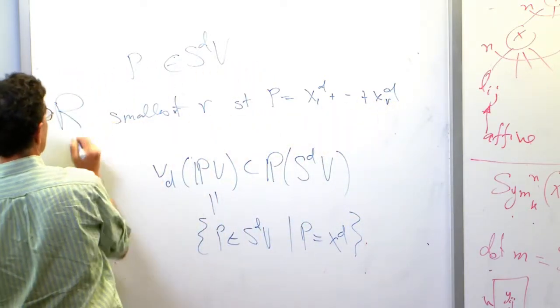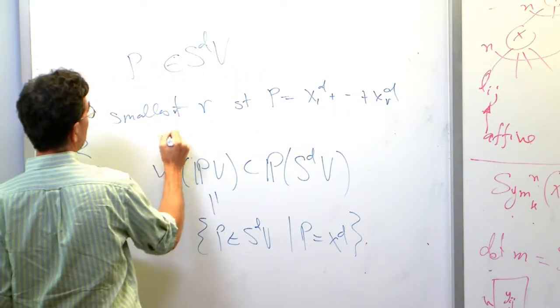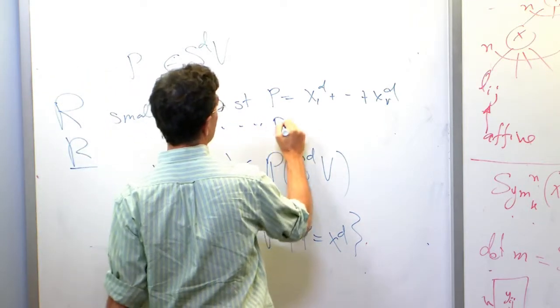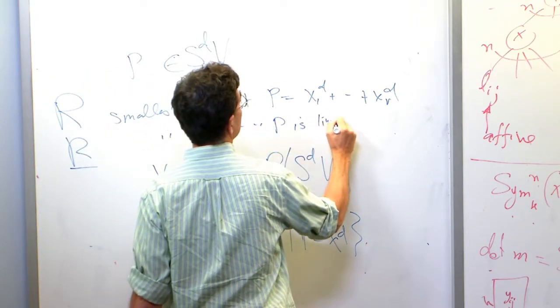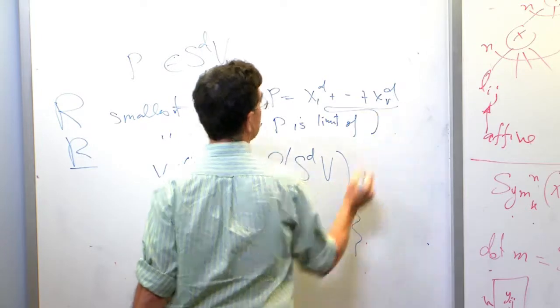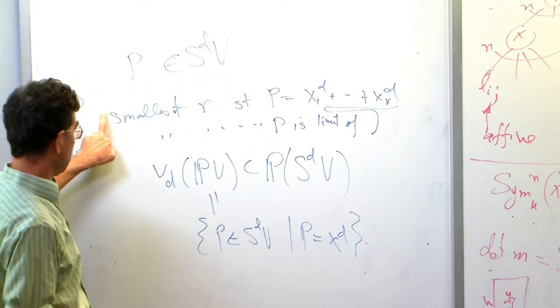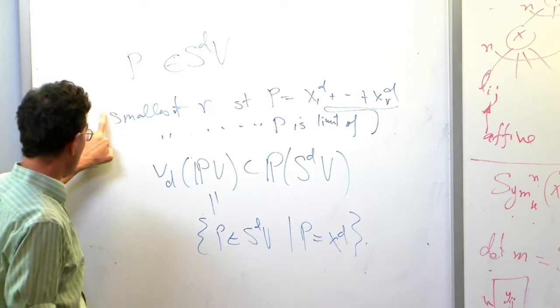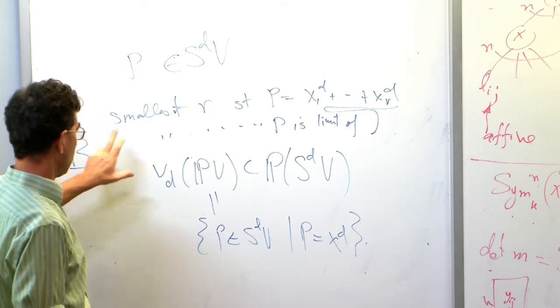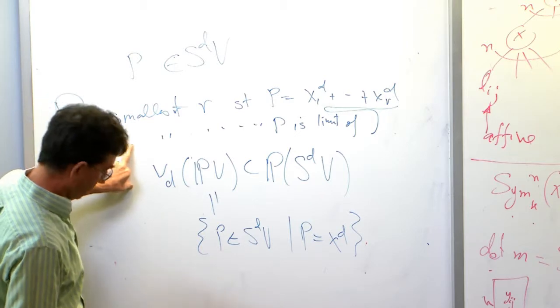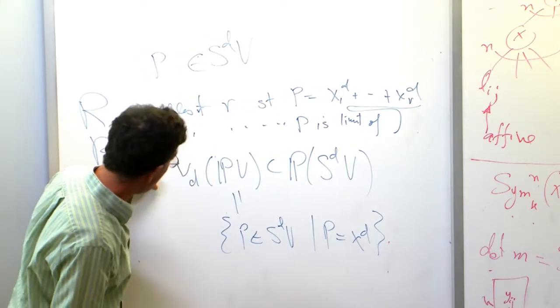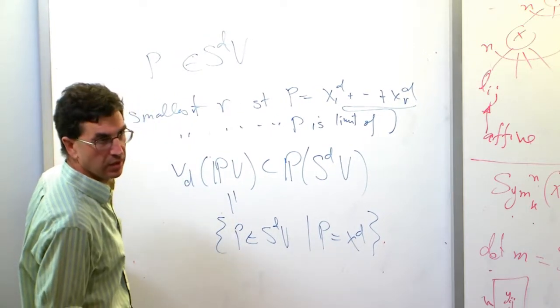Let's call that r, and then we have r underbar, the smallest r such that P is a limit of things like this. So these are things of border rank at most r, and these are things of rank r. And the question is how different can these two numbers be?